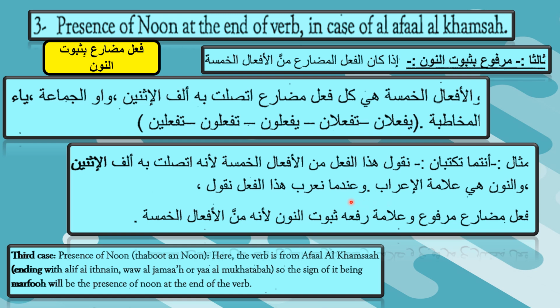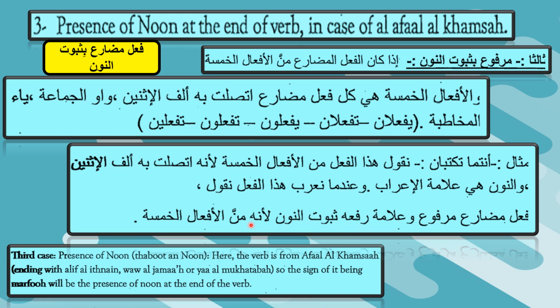So عندما نعرب, indama, when you give the i'rab هذا الفعل, you say نقول, we say فعل مضارع مرفوع وعلامة رفعه بالثبوت النون. You don't say بالضمة الظاهرة or بالضمة المقدرة like we did before. In this case, with the أفعال الخمسة, we say وعلامة رفعه بالثبوت النون لأنه من الأفعال الخمسة.